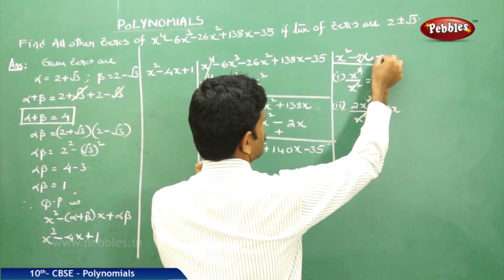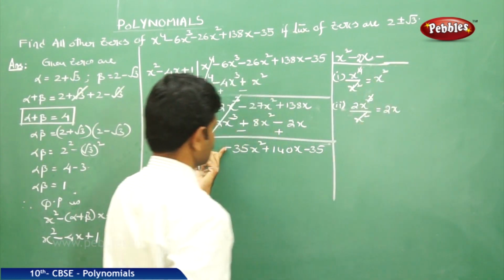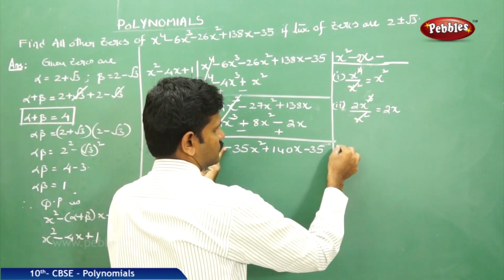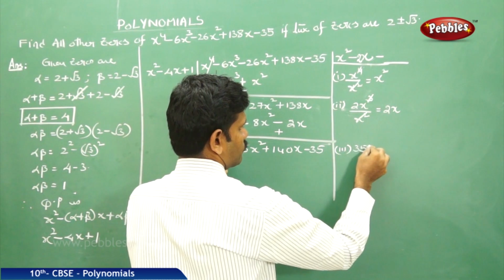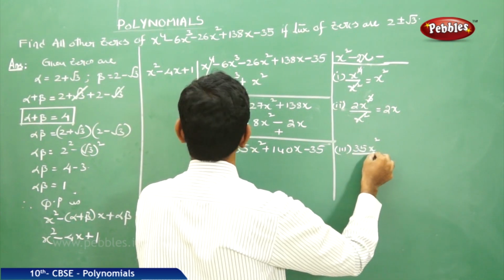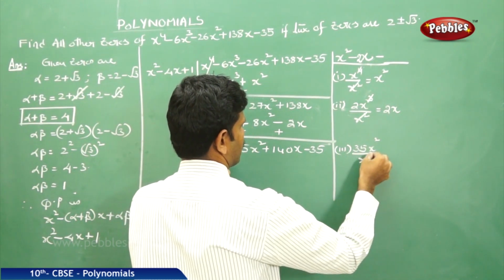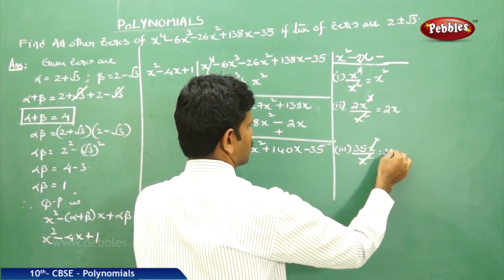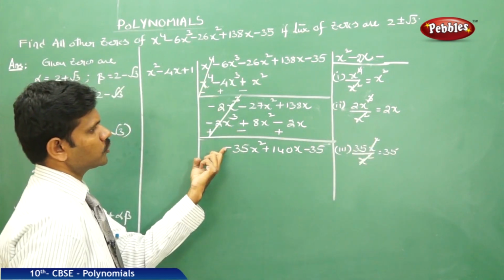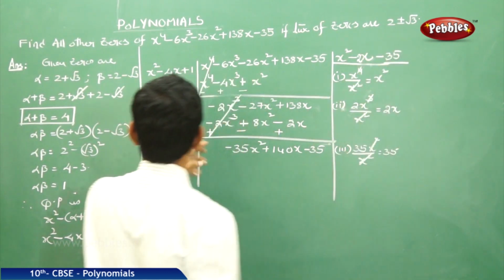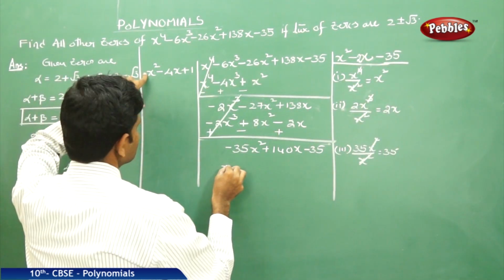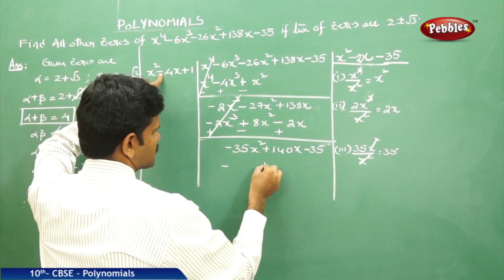Minus symbol to shift to your answer part and go to the third cancellation. 35x square by x square get cancelled, that is 35. Now before going to multiply, change the signs. Plus is here, write the minus. Minus is here, write the plus.